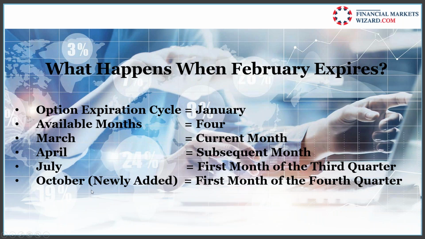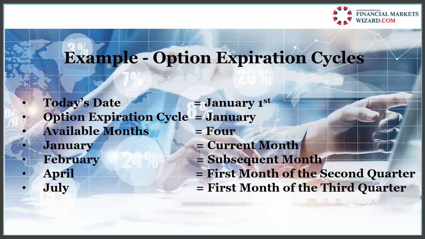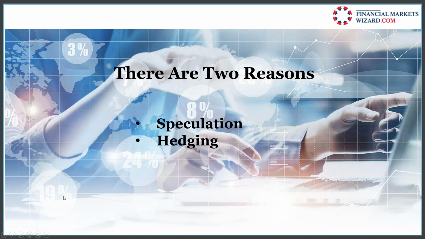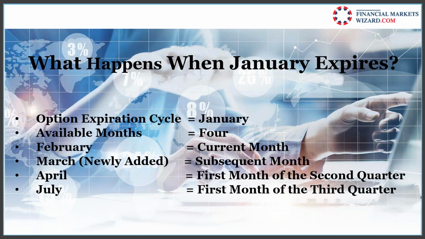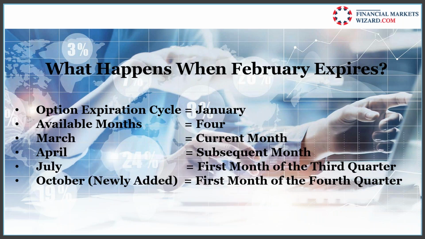So you will wonder, when it was January, I saw only till July, and when January expired, I still saw July. And then when February expires, suddenly I see October. Why? What happened?